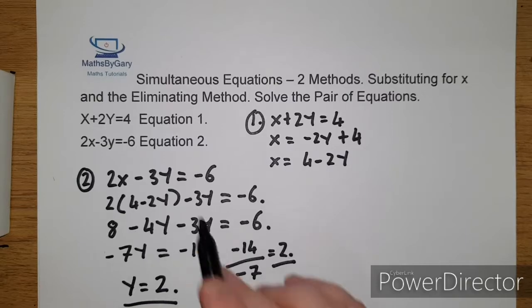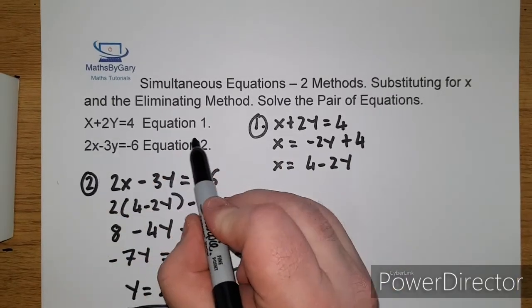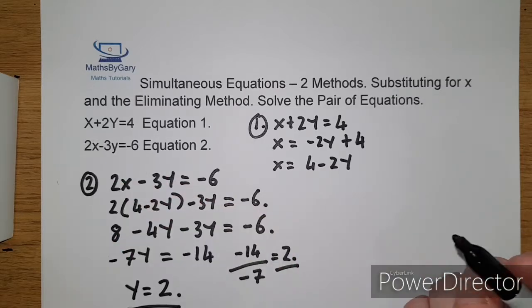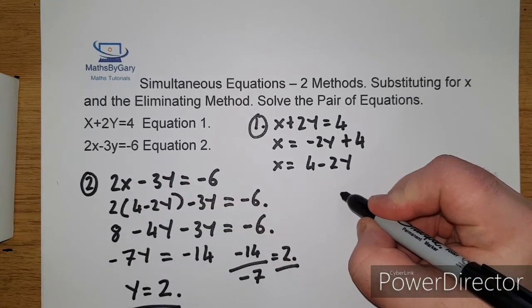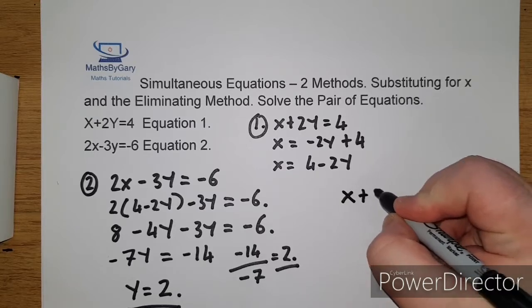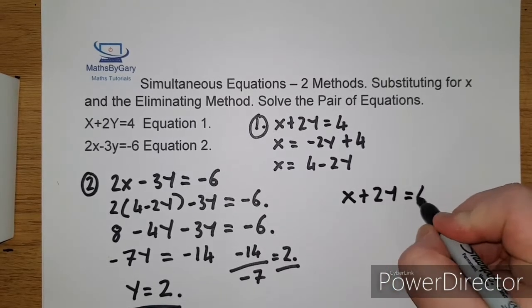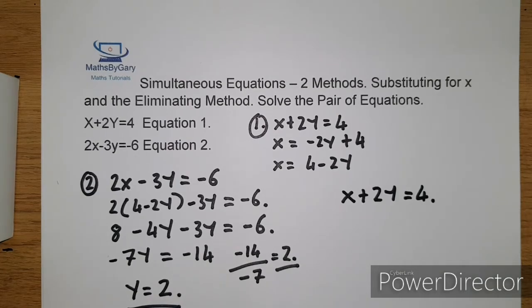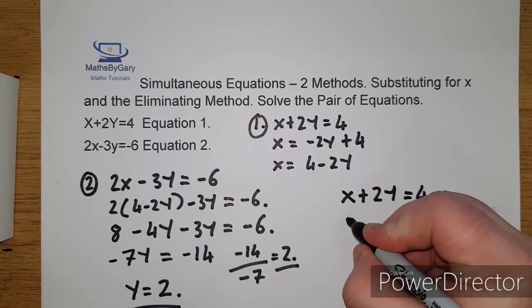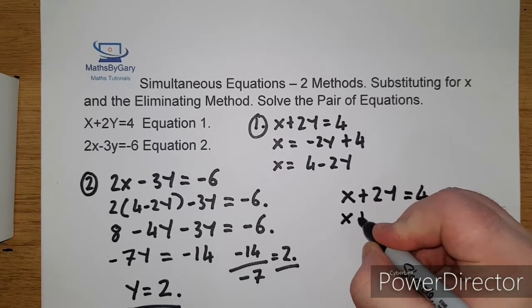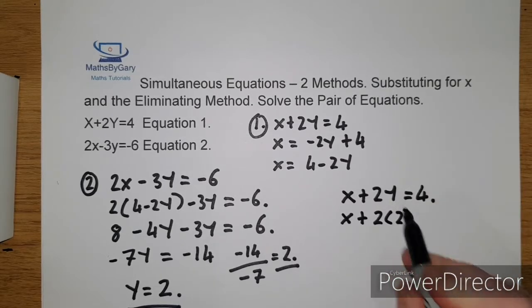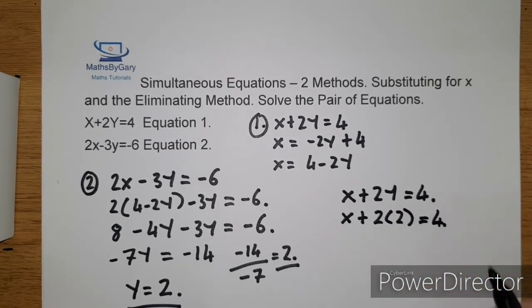What we then have to do is go back to the first equation. We could use the first or the second, but equation 1 is simpler, so it's easier to do. So x plus 2y equals 4. In this original equation, we know that y is 2, so everywhere we see y, we can put in 2. We want to find x, so x plus 2 times 2, because we're just putting 2 in place of y, gives us 4.